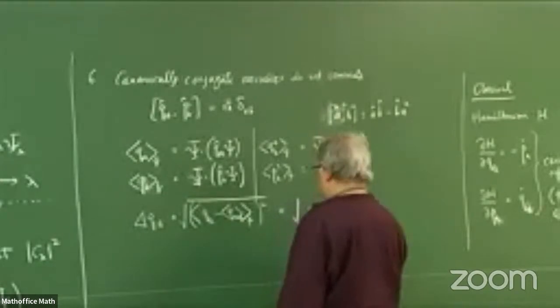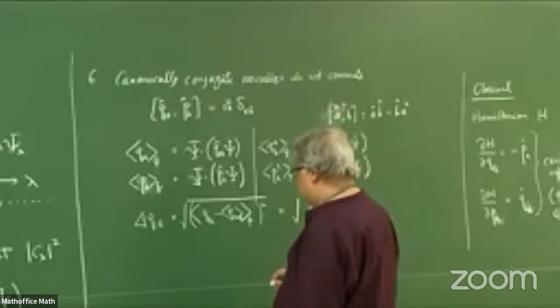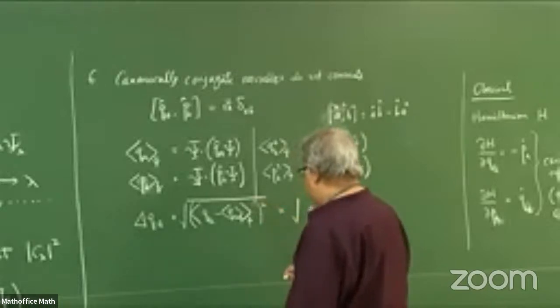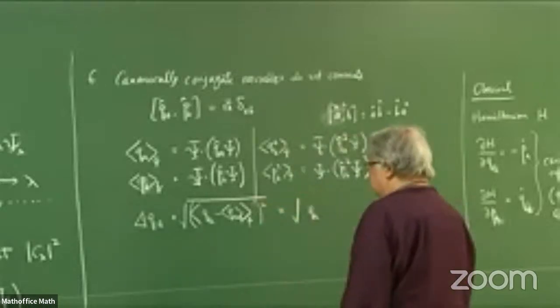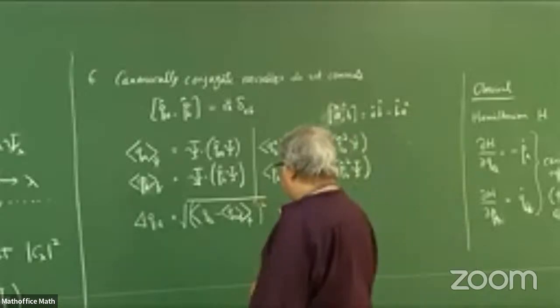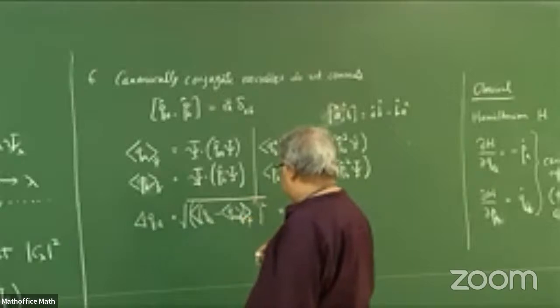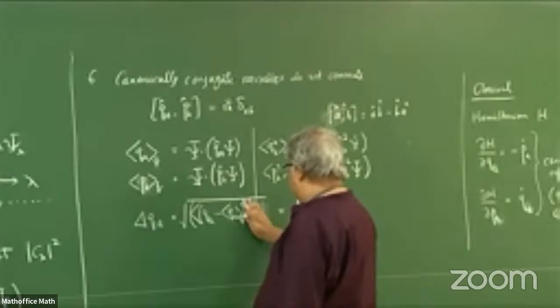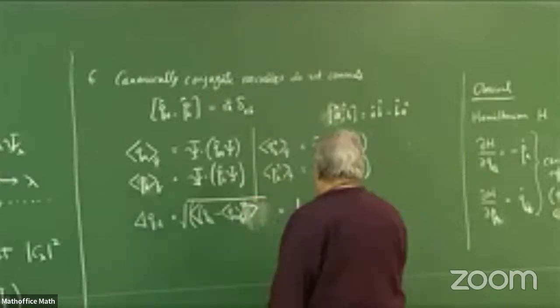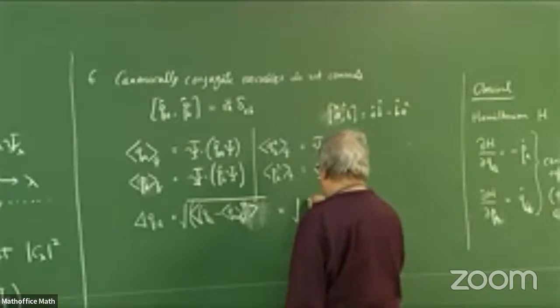Round brackets inside. Okay, I can do that also. When you square it before taking the expectation, then you get Q_A squared.